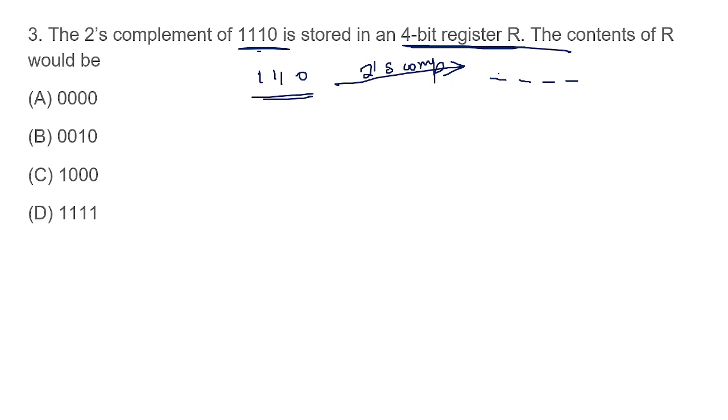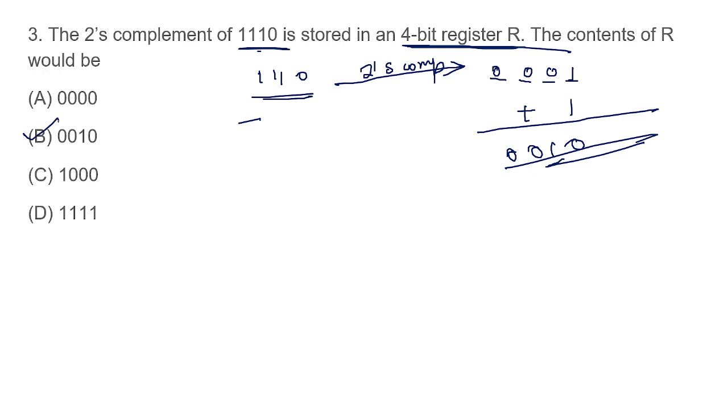We have to do the one's complement of the number, madam. So 0001. And we have to add 1 to it. So it will be 0010. So option B.